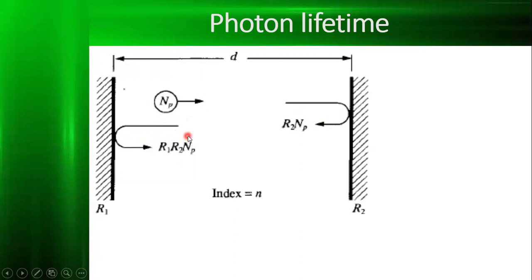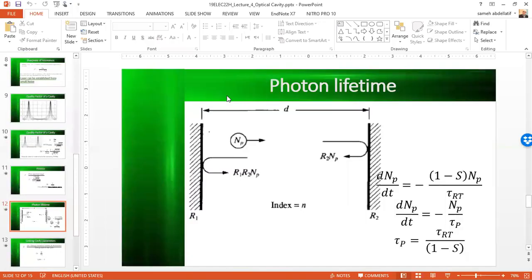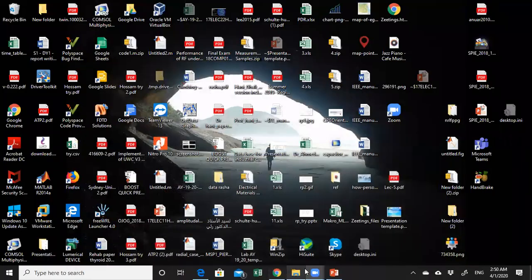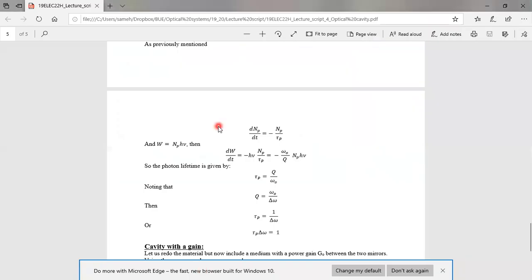So this is simply the surviving factor. Okay, so let's now try to make it in a mathematical form. And in order to do that, please permit me to switch the window into the lecture script. I believe in the lecture script you will have a better way to understand the mathematics.